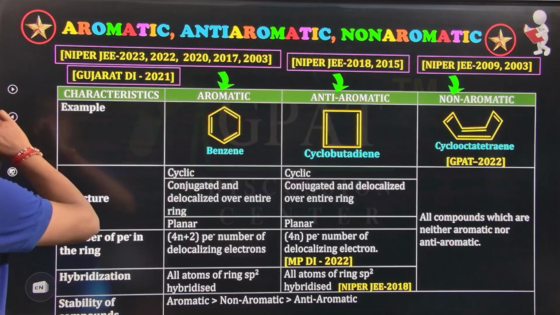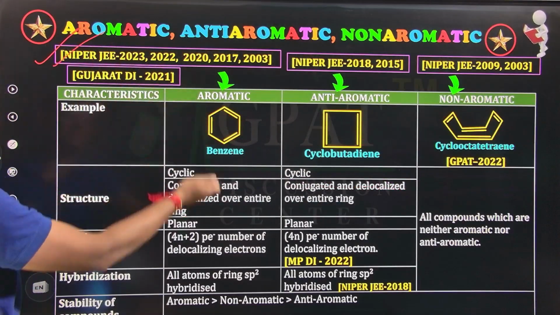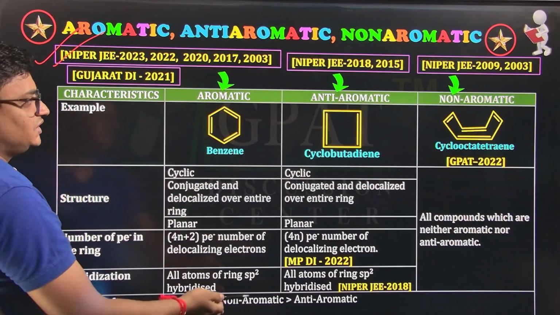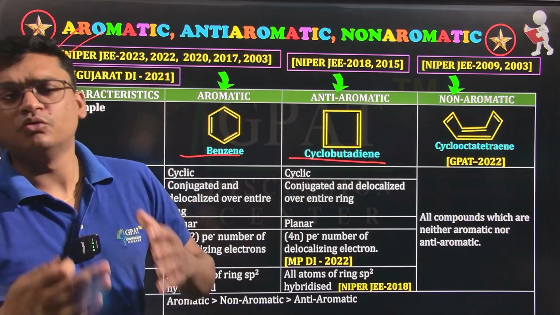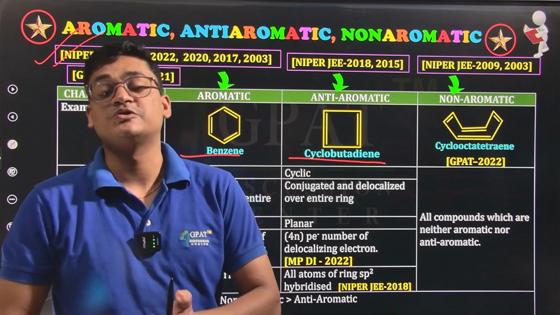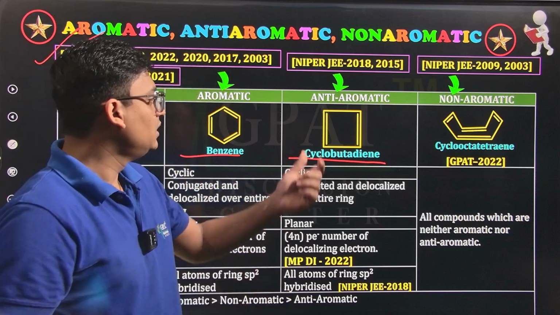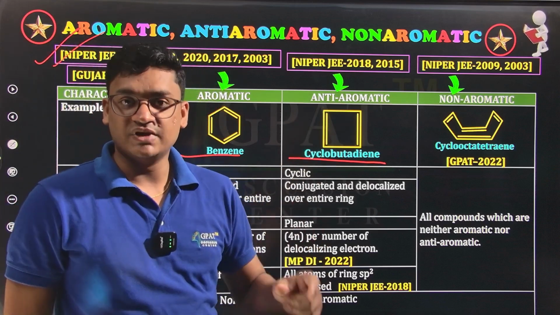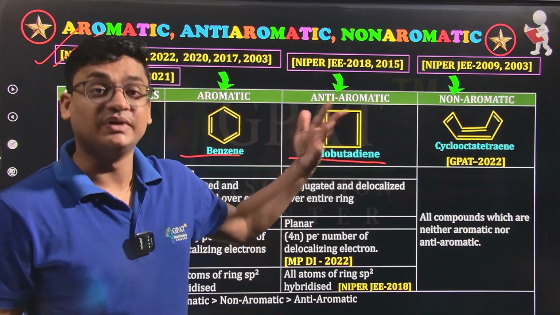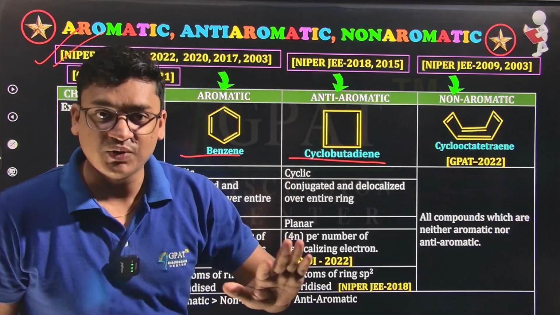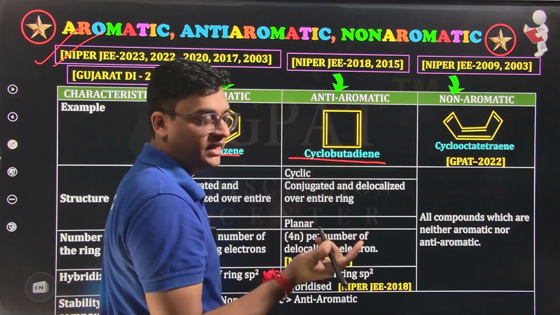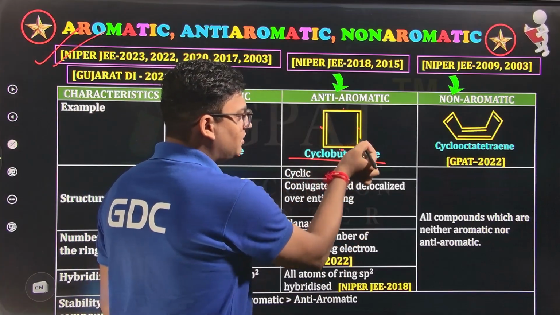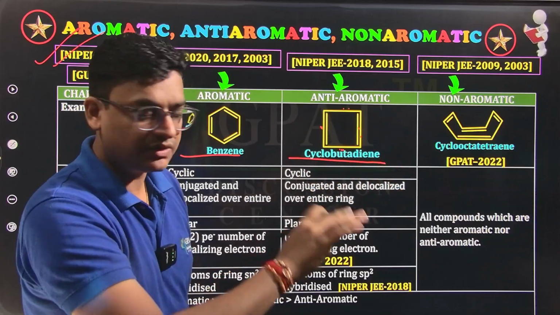Okay, next we are having structures and examples. Benzene, cyclobutadiene. Okay, so cyclobutadiene, one of the easiest examples of a compound to express anti-aromatic character. This is anti-aromatic. Why? We are having cyclic, okay, we are having planar, all the carbons are sp2 hybridized. Next, conjugation. Yes, there is complete conjugation of pi electrons, alternate positions of pi and sigma arrangement.